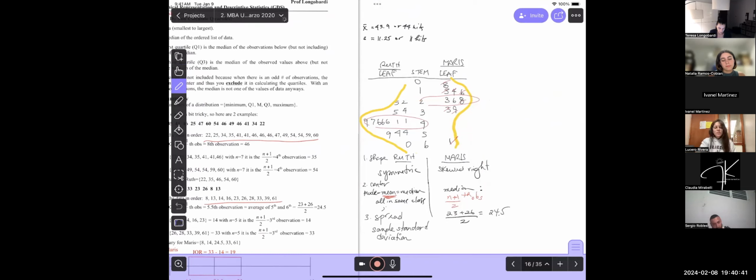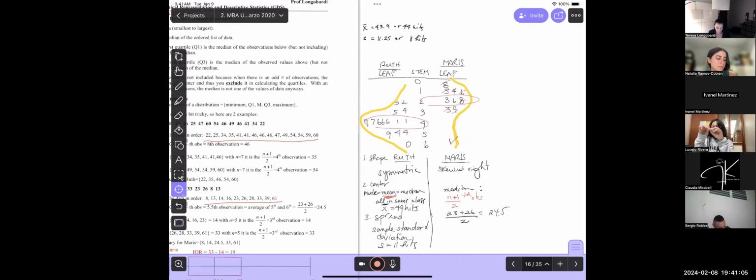Yes. So we use the symbol X bar for the sample mean, which is going to be 44 hits. We're just going to round it. And for S it's going to be 11 hits.